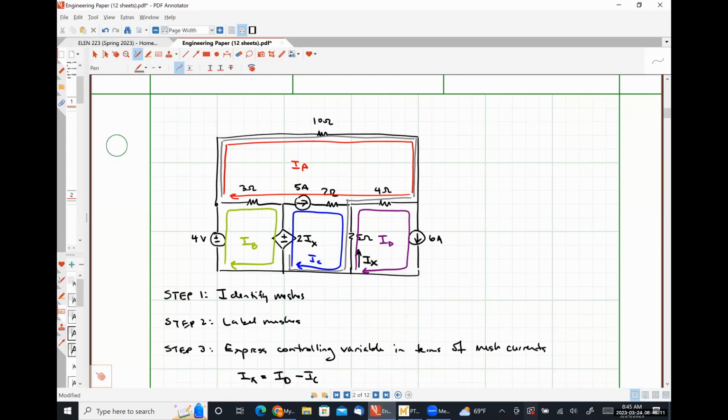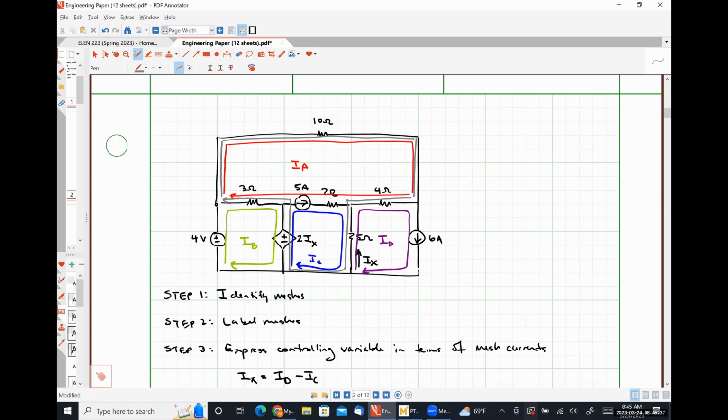Sorry about that. So this path that I've written here in gray combines mesh A and mesh C, right? If we follow this path, we won't wind up taking the voltage drop over that current source, okay?